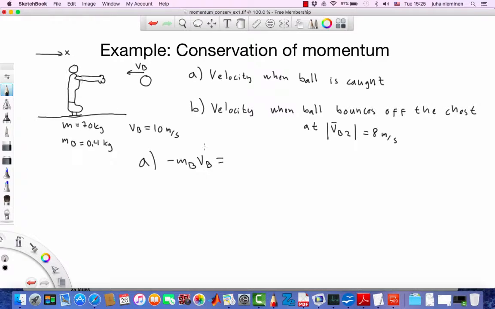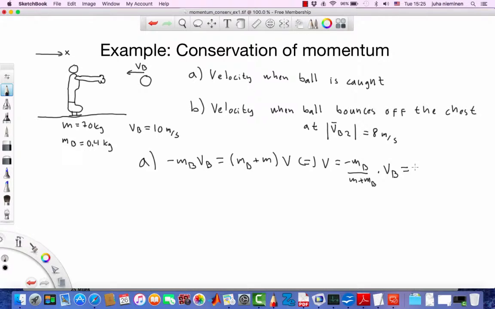After the ball has been caught, they both move with the same velocity, so the total mass is m of the ball plus the mass of the person times some common velocity v. From here we can solve for v: that's minus mb divided by m plus mb, times the velocity of the ball.